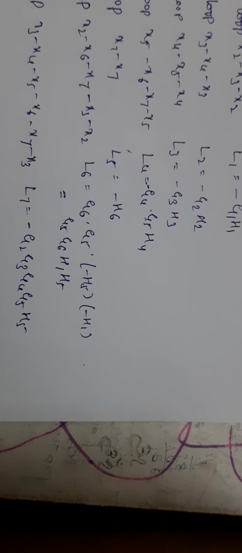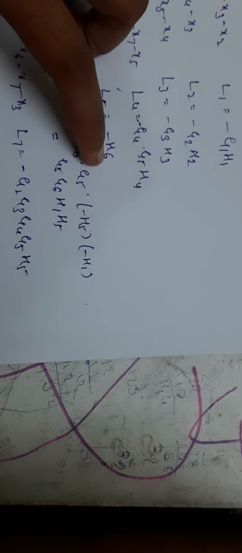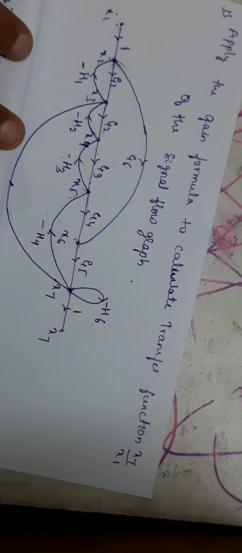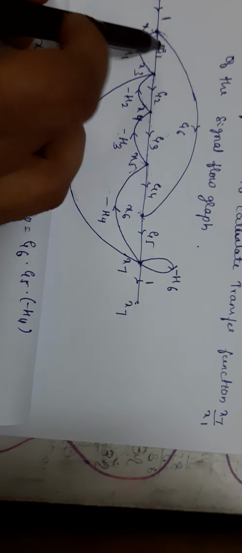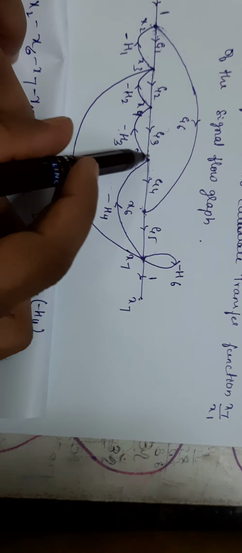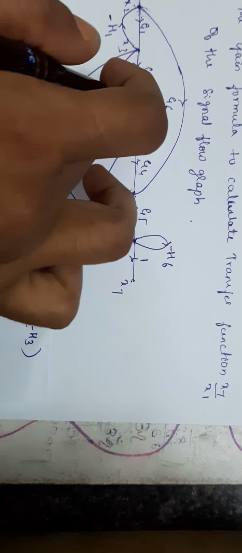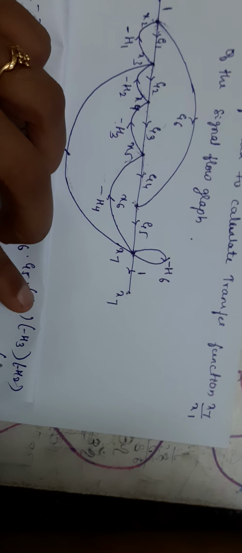So L8 will be the product of that, that is G6 into G5 into minus H4, into minus H3, into minus H2, into minus H1.